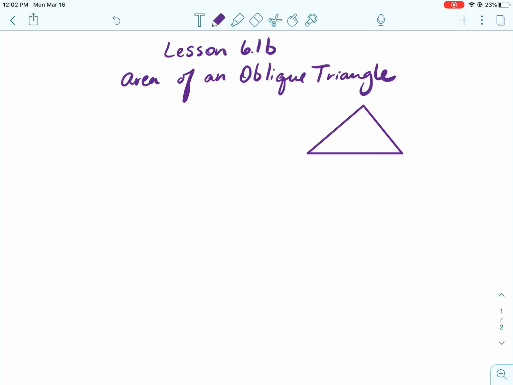Let's just talk about a triangle in general. Alright, so here's an oblique triangle, a triangle that doesn't have a right angle. We'll say this is angle A, B, C. Now, normally, whenever we're finding the area of a triangle, like our original formula back from geometry, the area of a triangle is 1/2 base times the height.